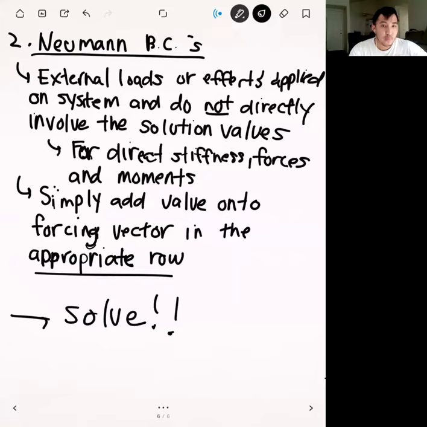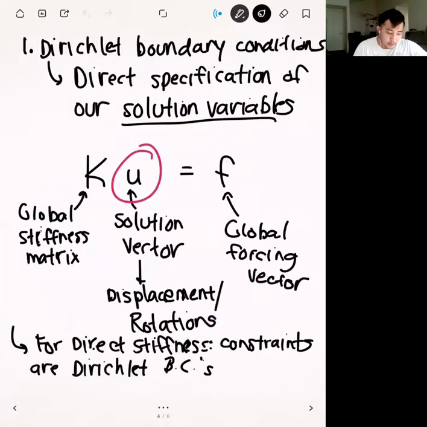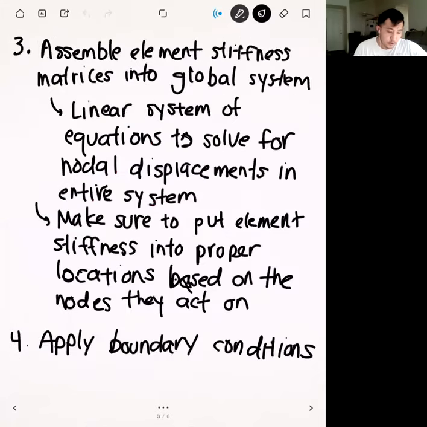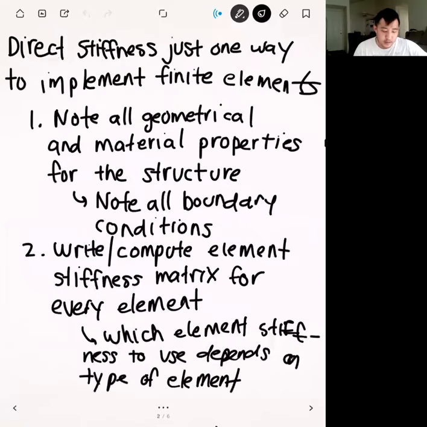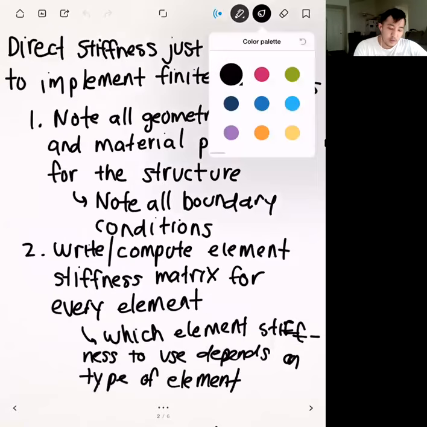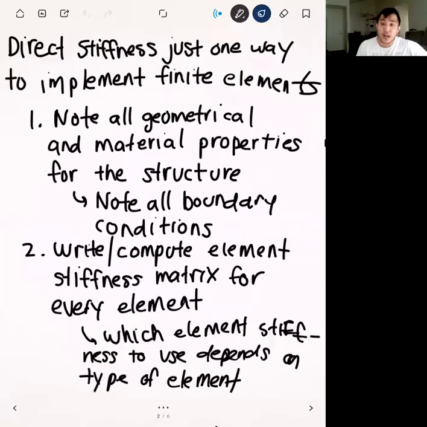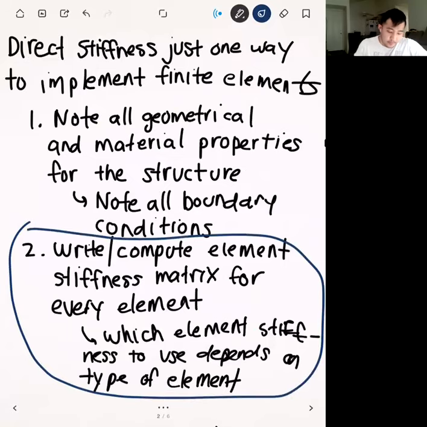And so, before we actually move on to the frame equations, I do want to highlight the part here that's kind of the most important. We're going to use this process of solving finite element problems for every type of equation that we have. But the most important thing is this guy, okay?